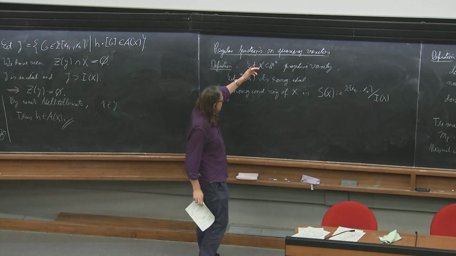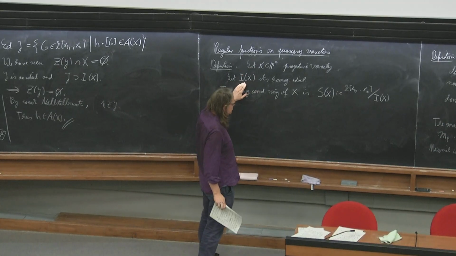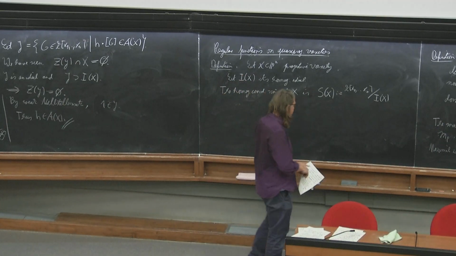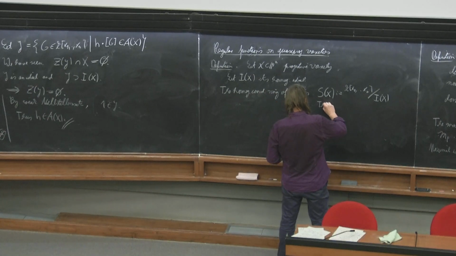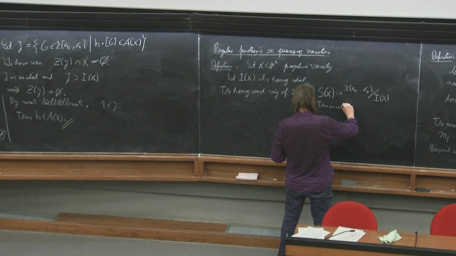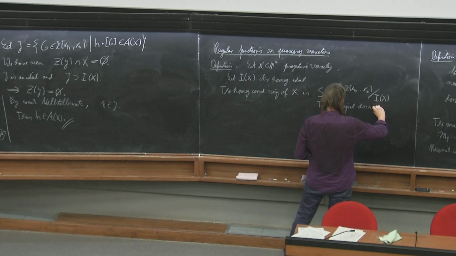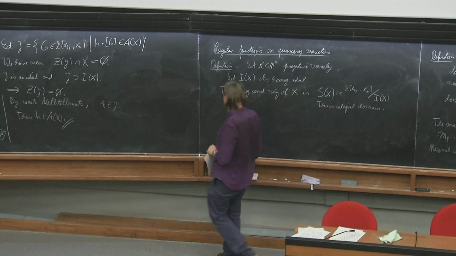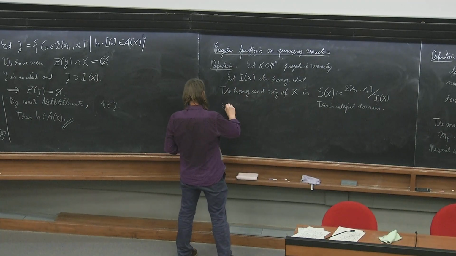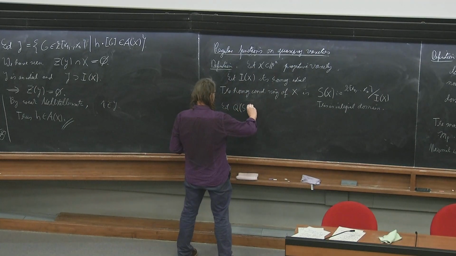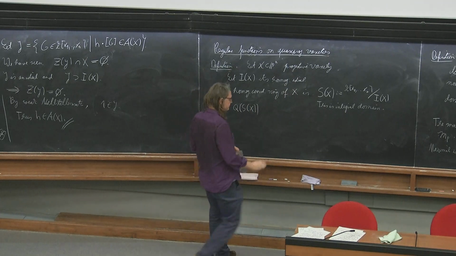X is a projective variety, so I(X) is a prime ideal, so this is an integral domain. And we can again form its quotient field Q(S(X)), the fraction field.